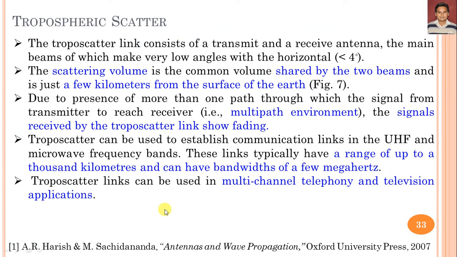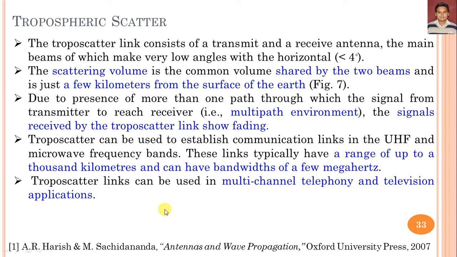So we have discussed tropospheric wave propagation in this lecture. First we discussed the electric field, then what parameters affect the electric field intensity. Then we discussed the different atmospheric conditions and the tropospheric wave propagation mechanism in those conditions.